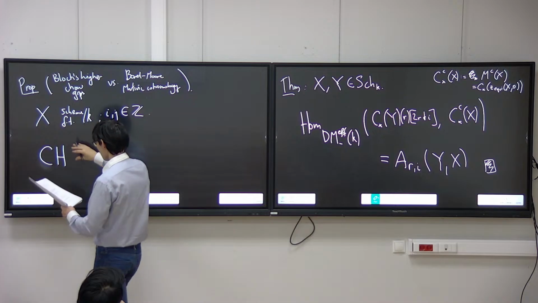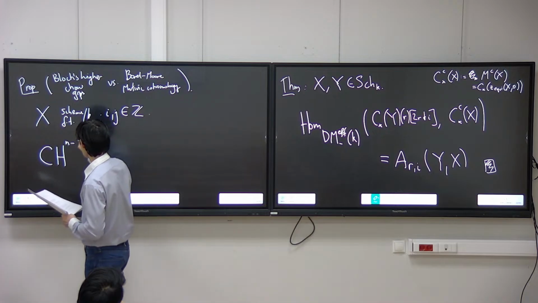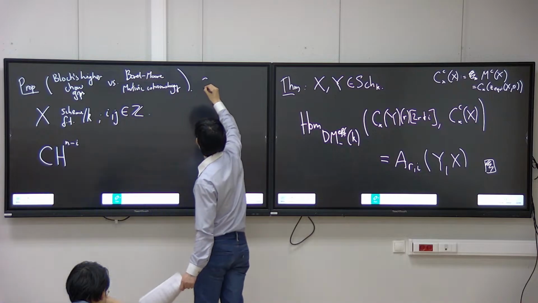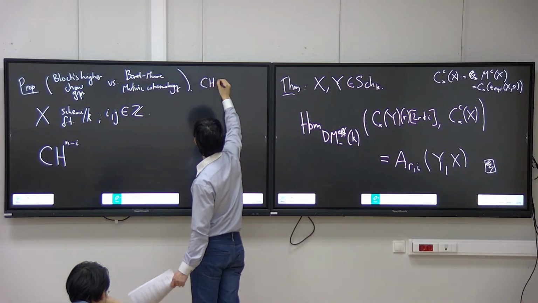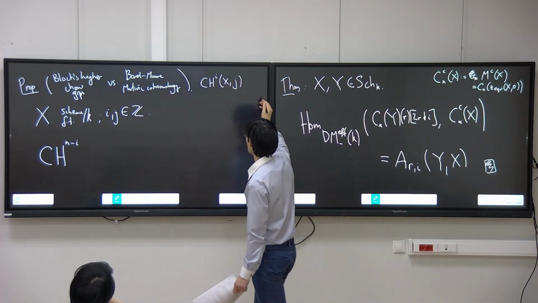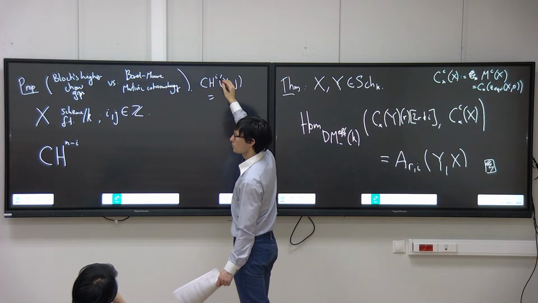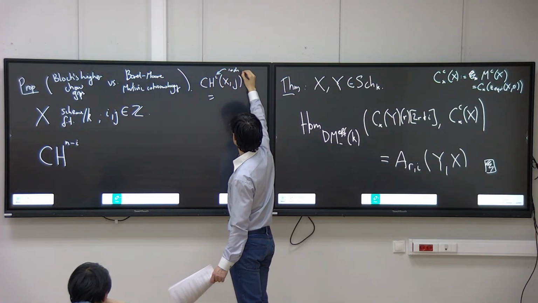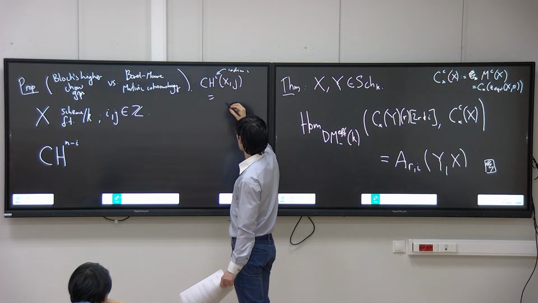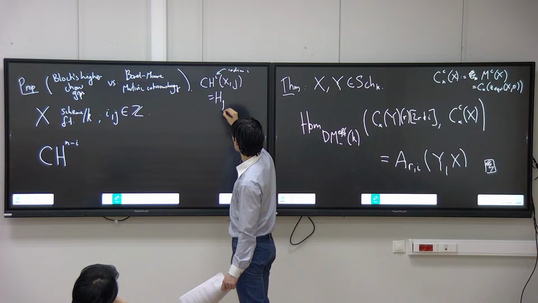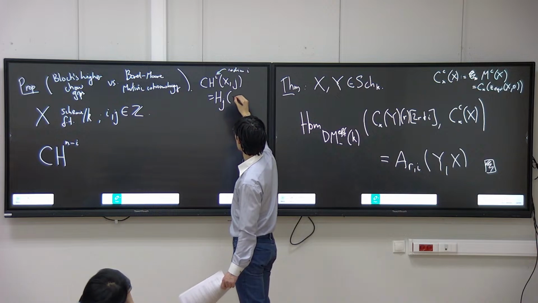There will be some correction of indices due to the dimensions, but it will essentially recover what we want. So we want to study, of course, CH i of X, j in some sense, right? Which are these higher Chow groups, where i refers to codimension i, and the jth homology.